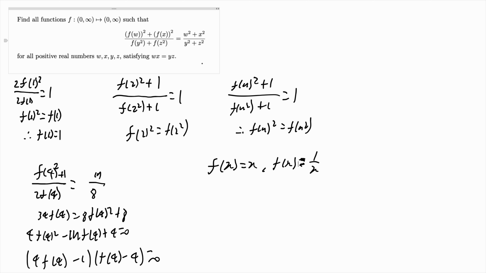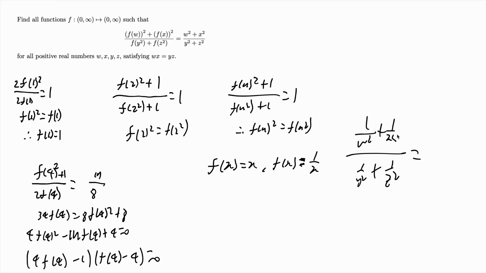And when we also substitute the other one, we know that it is also true. I will just demonstrate it here: 1 over x squared plus 1 over y squared over 1 over z squared plus 1 over w squared. Just multiply w squared, x squared, y squared, z squared on top and the bottom because they're equal to each other. We have this lovely condition right here, and we get our same thing. So we proved that these two are our solutions.